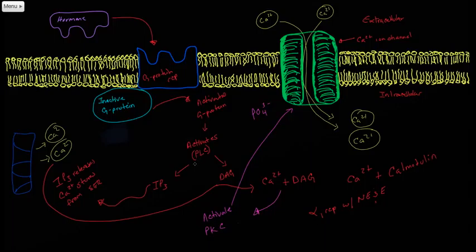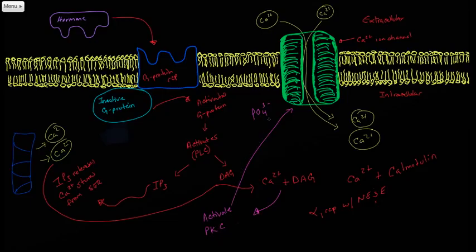PLC then activates IP3 and DAG, which were lipid membrane bound proteins, or enzymes rather. Once those are created, the IP3 travels to the smooth endoplasmic reticulum and releases the intracellular calcium stores. That intracellular calcium release then travels and interacts with the DAG, and together the calcium and DAG activate PKC.